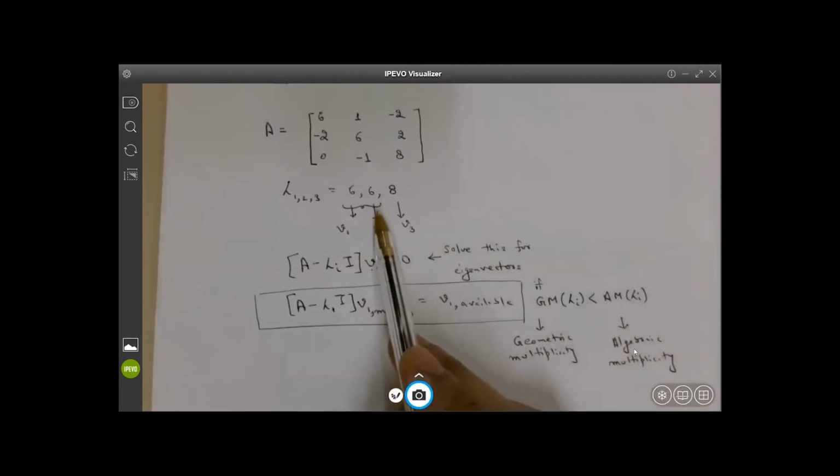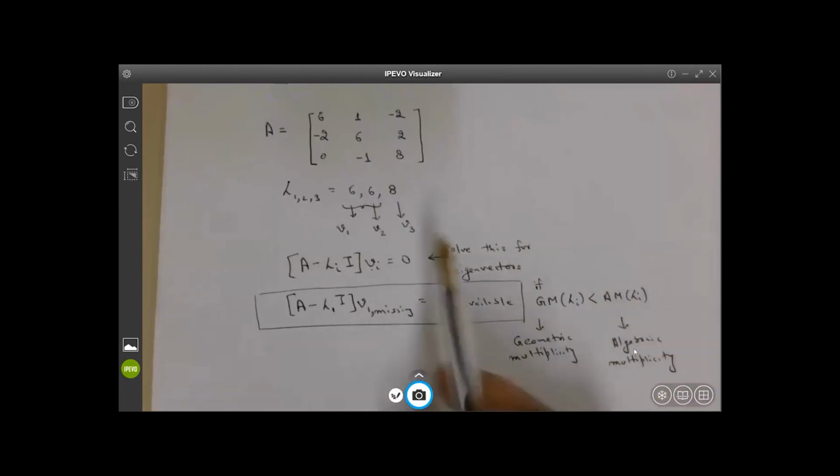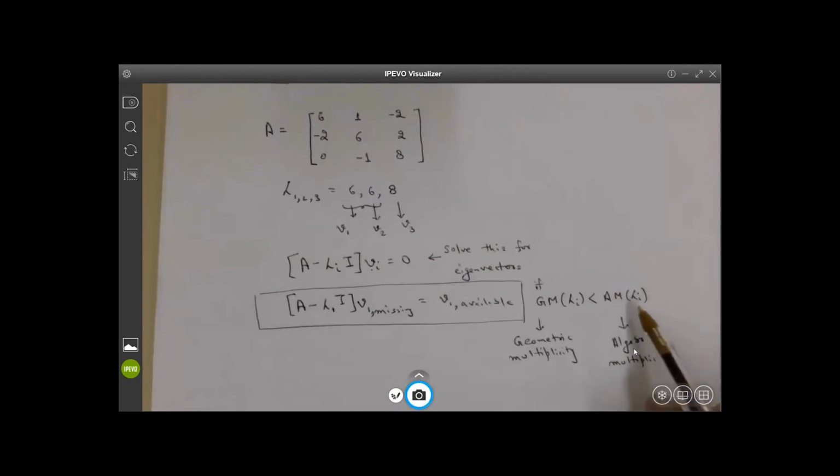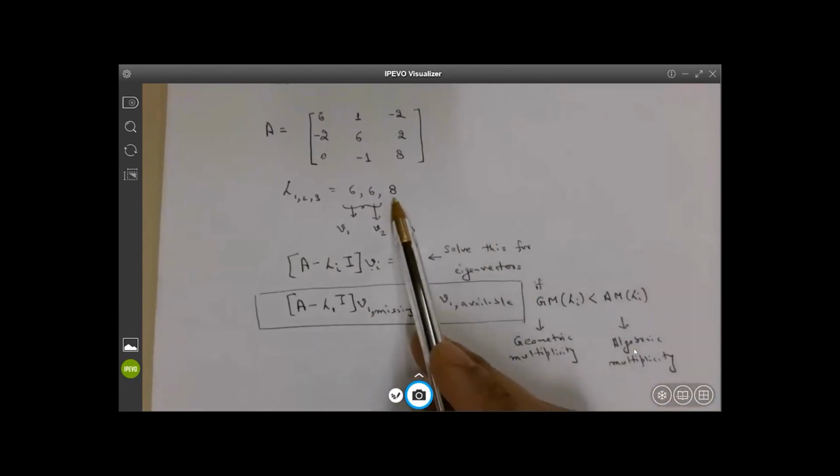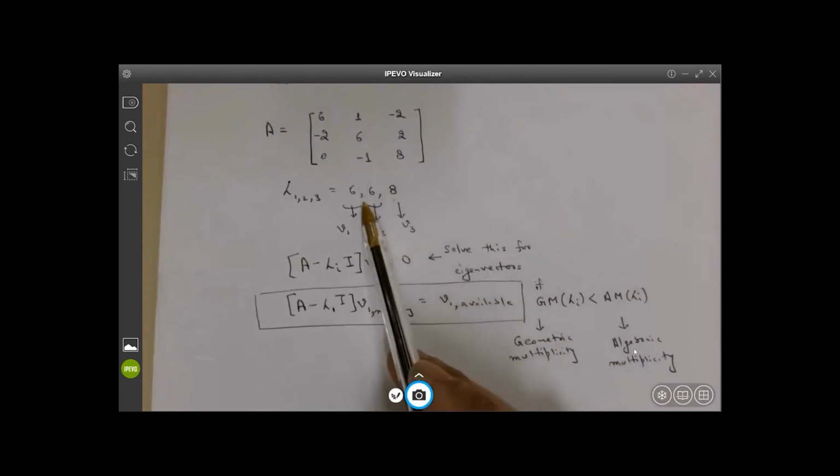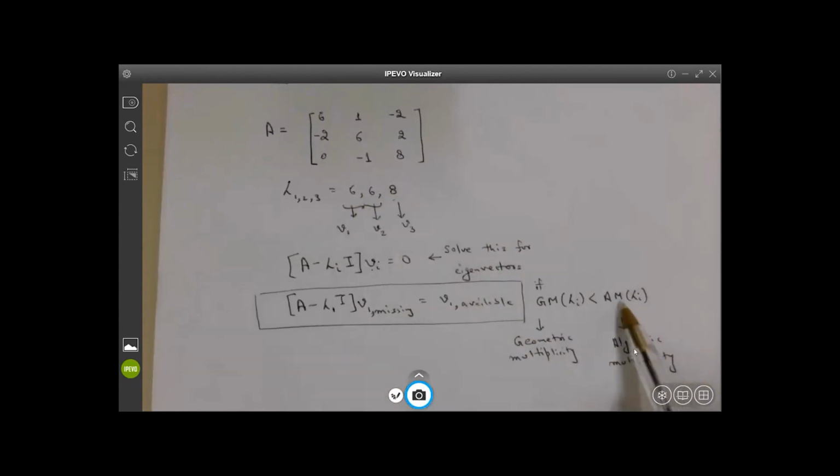For 8, the algebraic multiplicity is only 1, because there is only one eigenvalue of 8. Geometric multiplicity means that for each eigenvalue, how many independent eigenvectors I can extract using this equation.